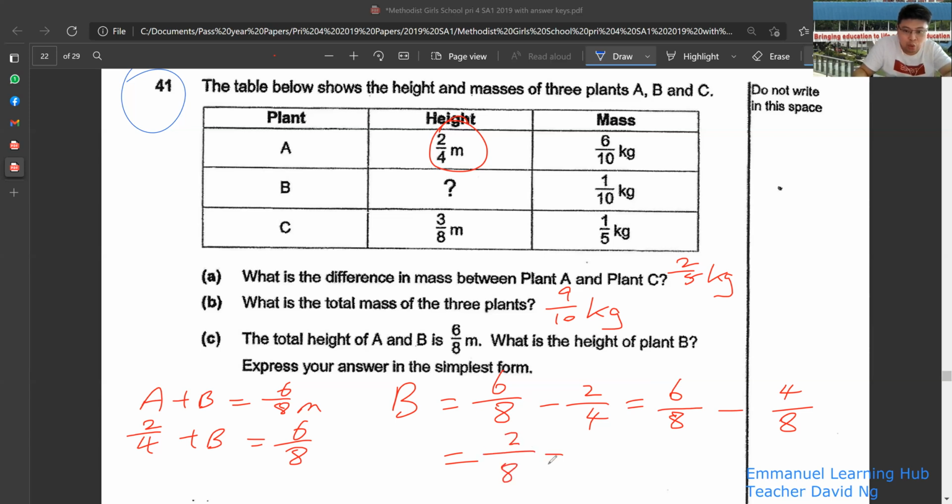Then equal to how many in simplest form? 1/4. You speak up properly, your voice is a bit muffled. I don't know why. Okay, so the height is 1/4 meter. Understand? Okay.